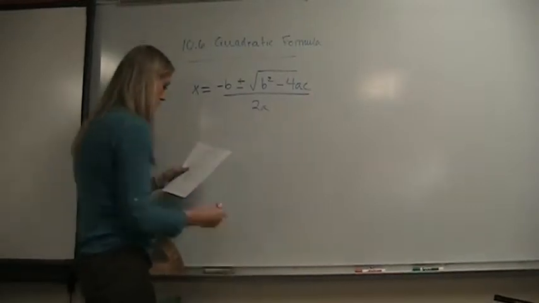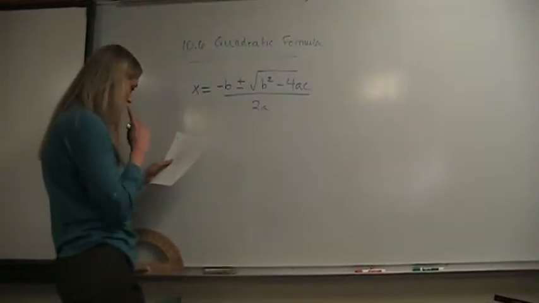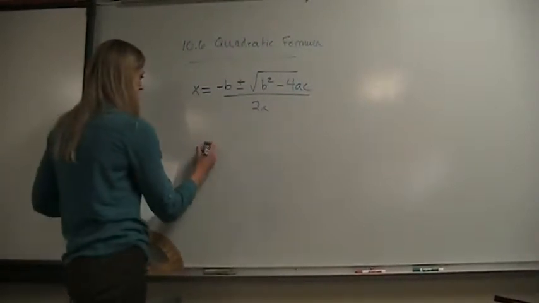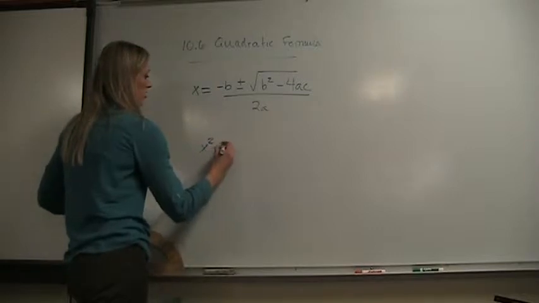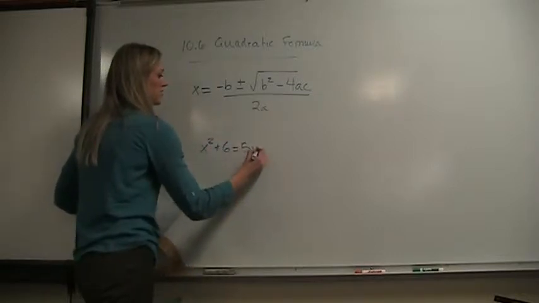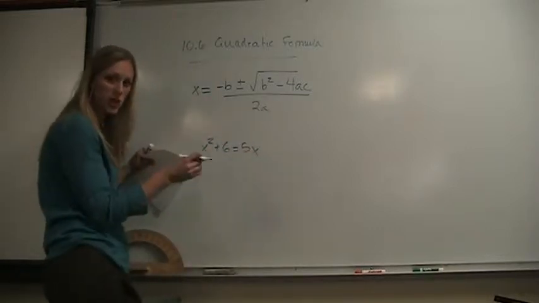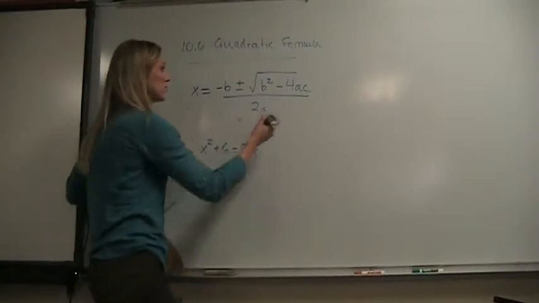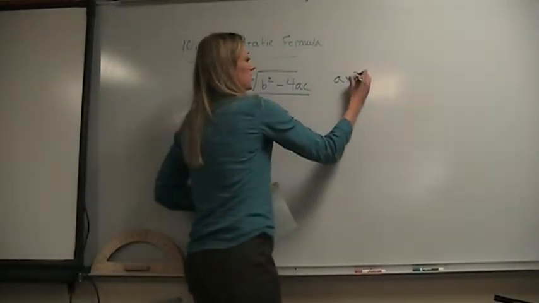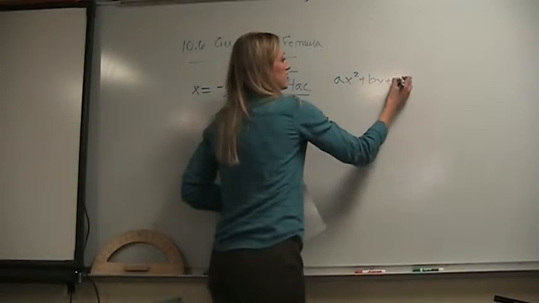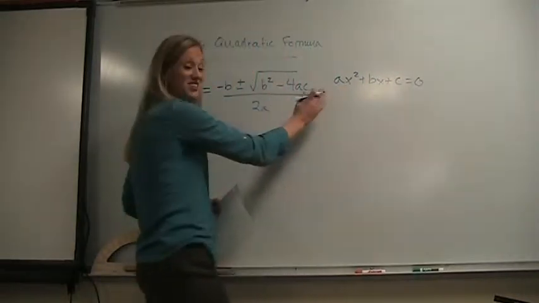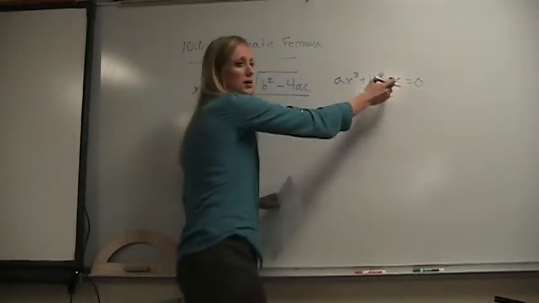Alright, so if I want to solve this equation, x squared plus 6 equals 5x. Okay, so I always want to start with my equation in standard form, ax squared plus bx plus c equals 0, so that I know exactly what my a term, b term, and c term are.